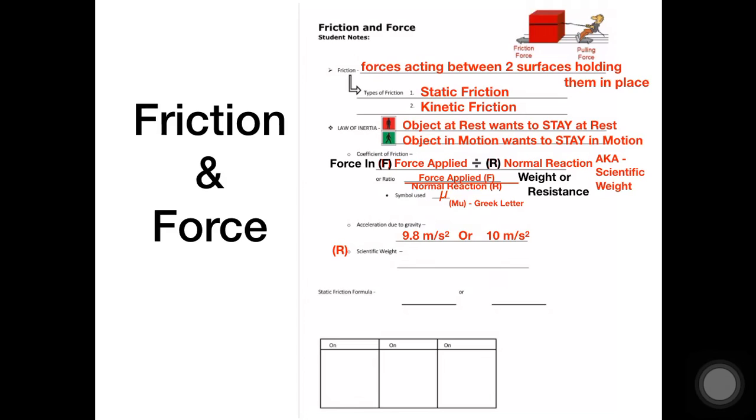That's really close to 10. So for our purposes, we're going to round it and use 10. That makes a lot of calculations way easier. So acceleration due to gravity, while it is 9.8 meters per second squared, we're going to use 10 meters per second squared.